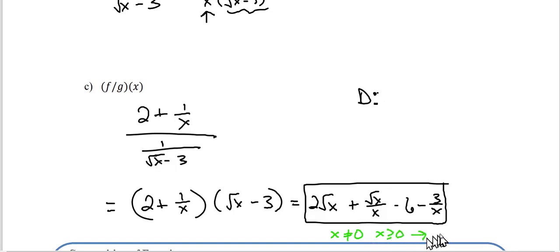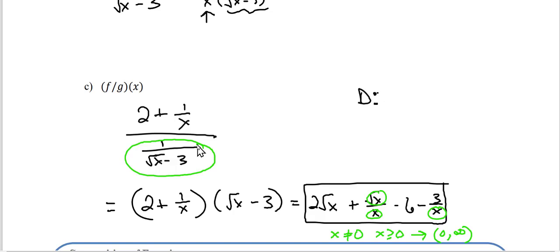So combining those would give us 0 to infinity. Can't have 0 in the denominator because of this guy, and you have to have positive x's because of that guy. I guess this guy makes it an issue too. But the problem is that before this was all simplified, x equals 9 is still a problem.